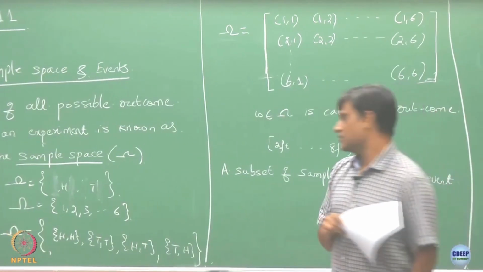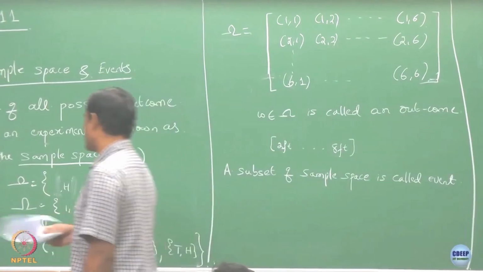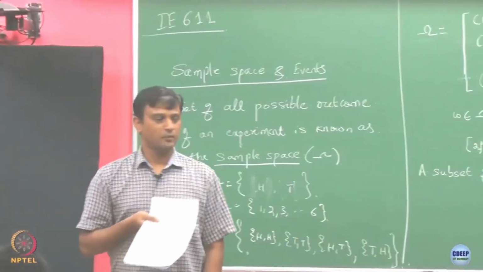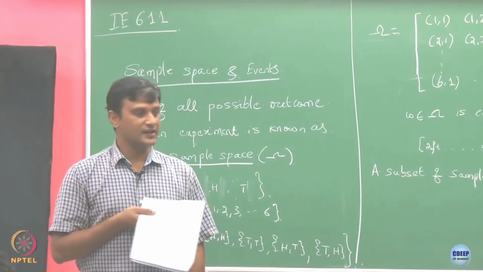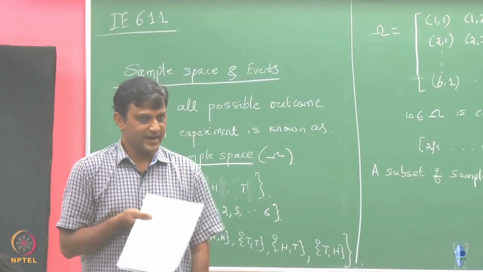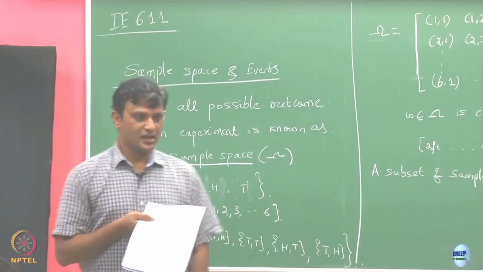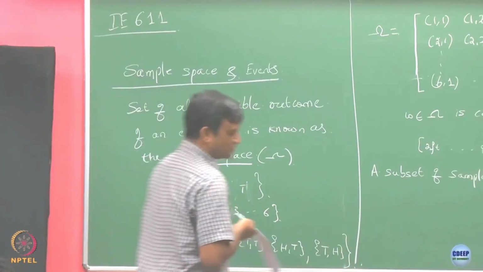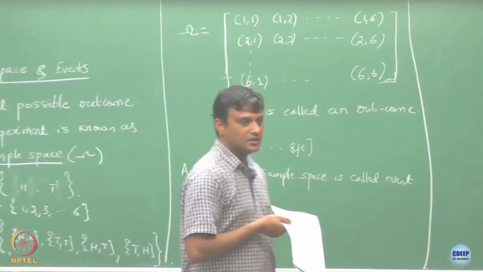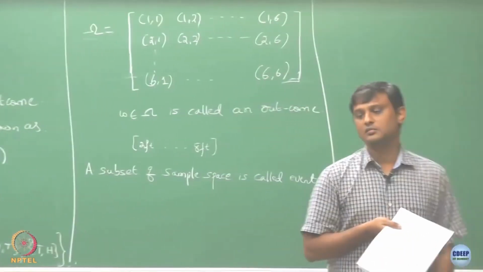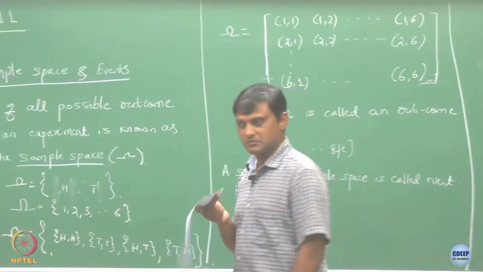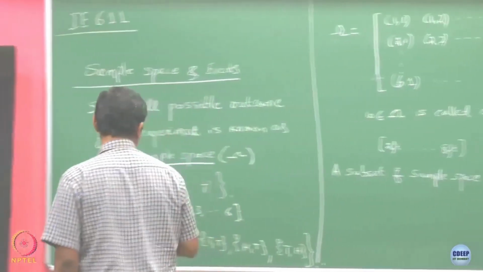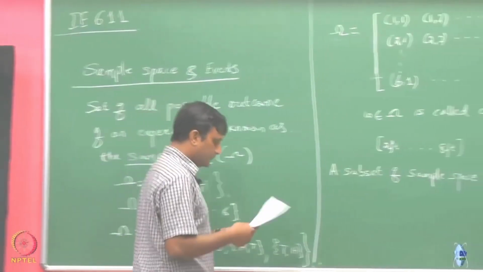What is an event? For example, in your coin toss problem, what are the possible events? In a single toss of a coin, the possible event is either head or tail. And when it is a toss of two coins, the event could be both showing up head, both showing up tails, or one of them showing up head, the other tail, and otherwise. Okay.